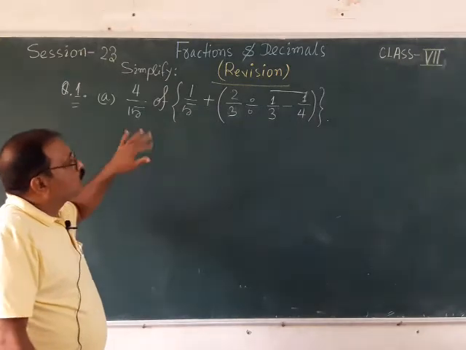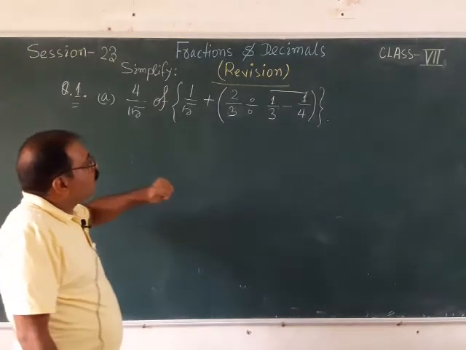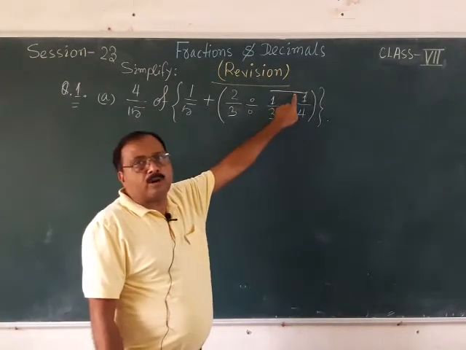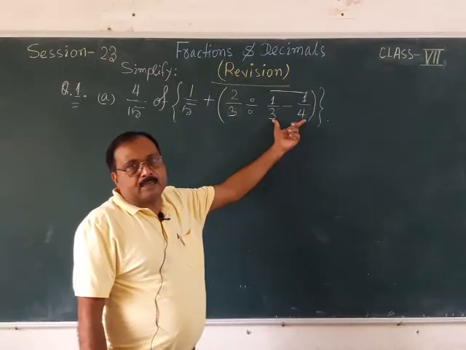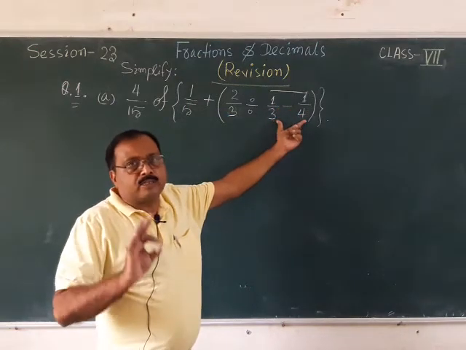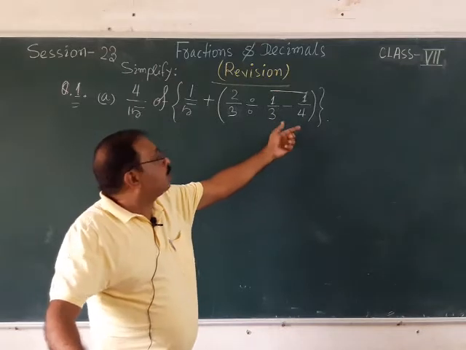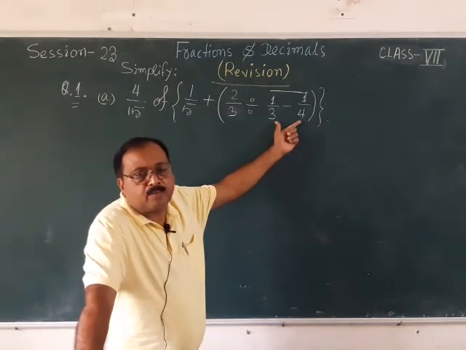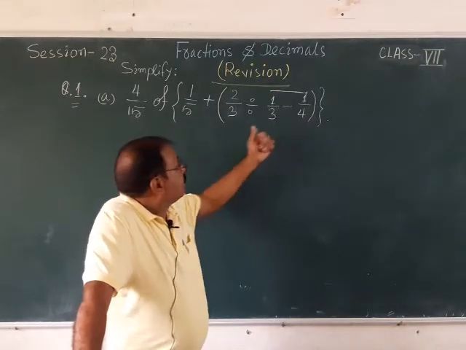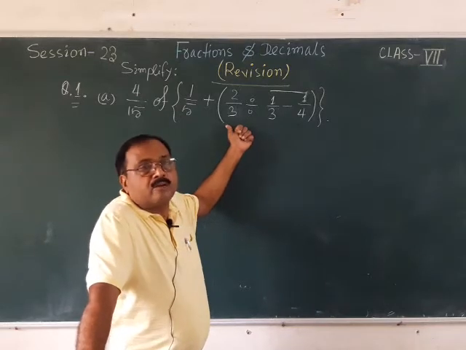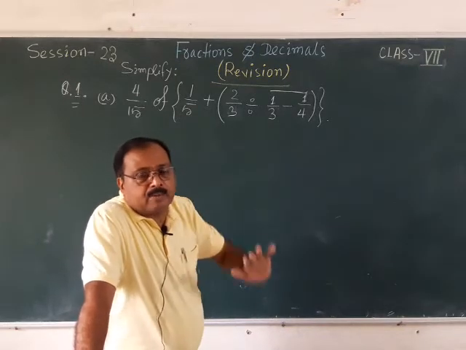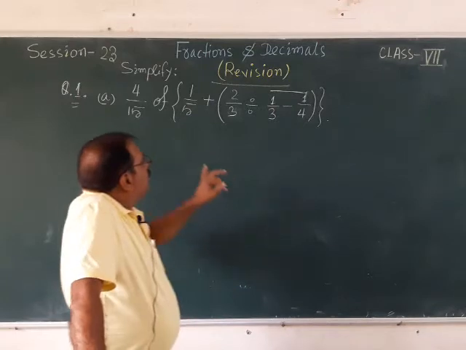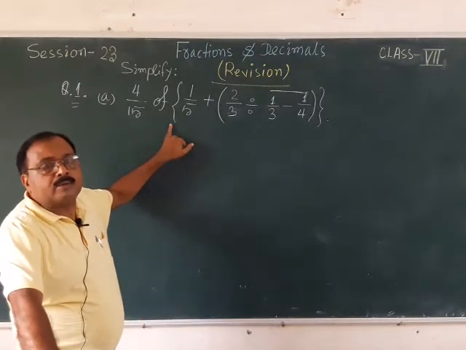According to the rule of BODMAS, first of all we need to complete the work of the bar bracket. If the bar bracket work is completed, then you work on the first bracket. If the first bracket work is complete, then you do the second bracket.